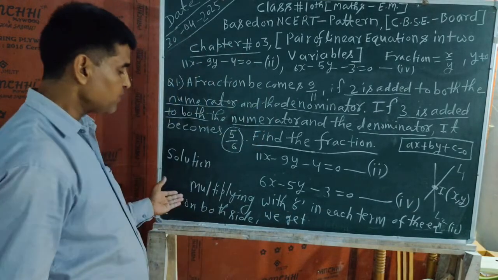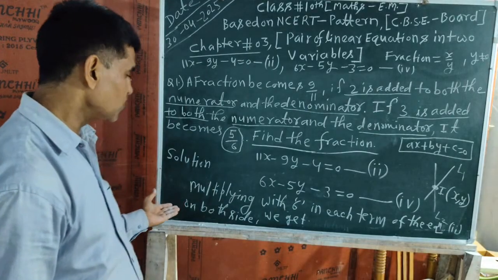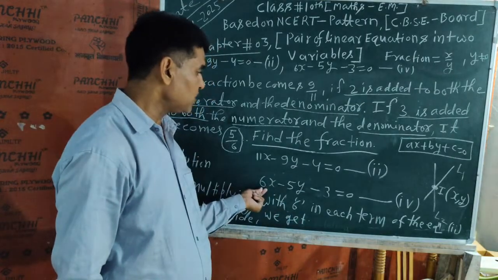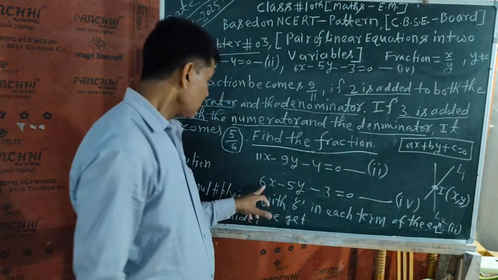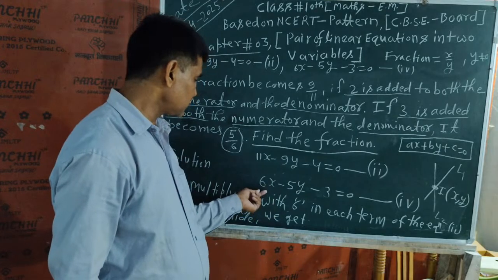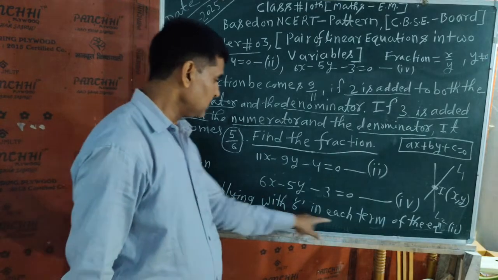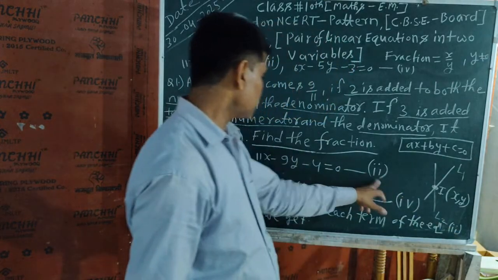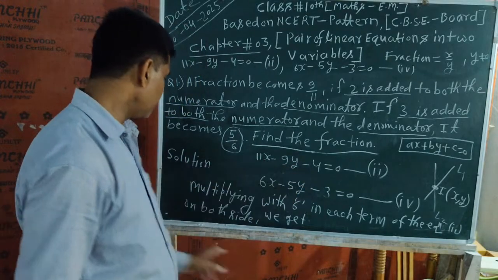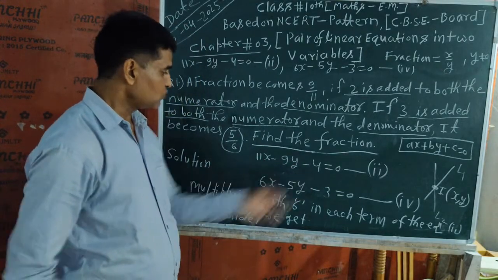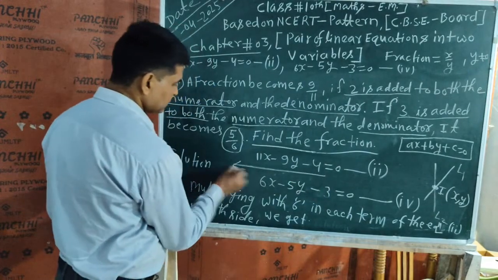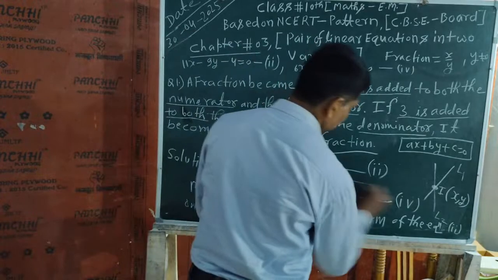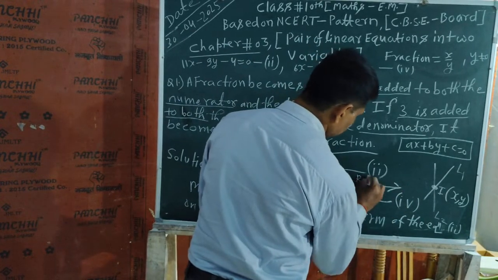So here I have written one statement, and you have to understand its proper meaning. Multiplying with 6. Now 6 is available in equation number 4, so that is the coefficient of x. Multiplying with 6 in each term of equation number 2. In each term I will multiply on both sides, that is, one side is the left hand side and the other side is the right hand side.